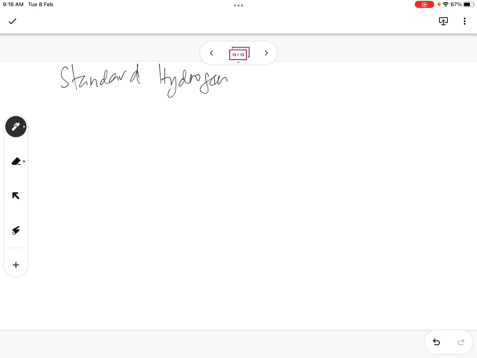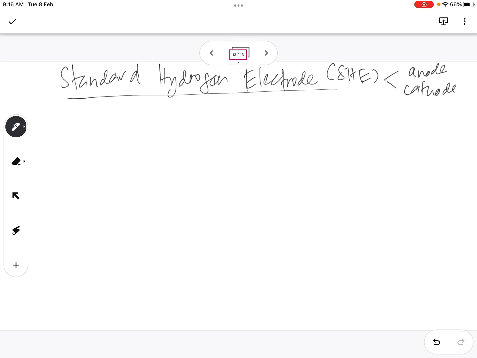Cuba tengok siapa dapat jumpa. Standard hydrogen electrode. Very good. Standard hydrogen electrode ataupun dikenali sebagai SHE. The special thing about SHE, it can be anode, it can be cathode. It can be both anode or cathode.